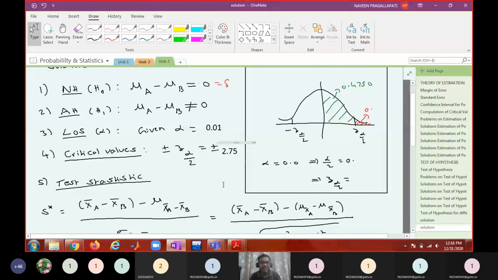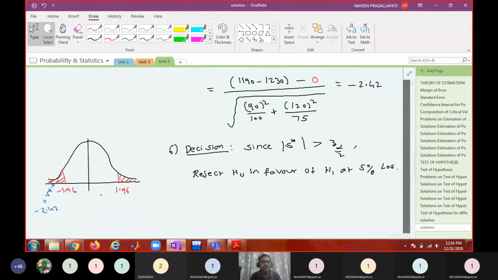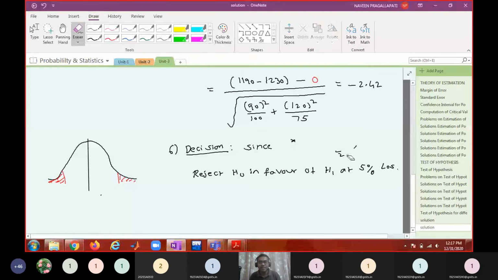So where is it falling? It is in between plus or minus Z alpha by 2, no? In this case.